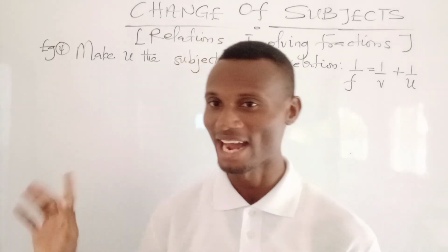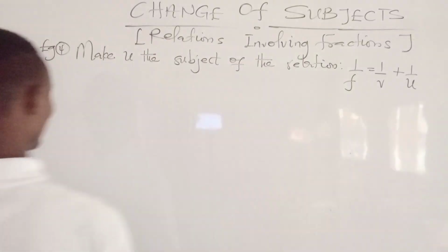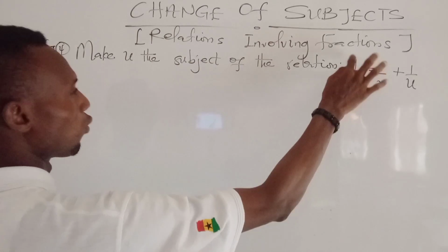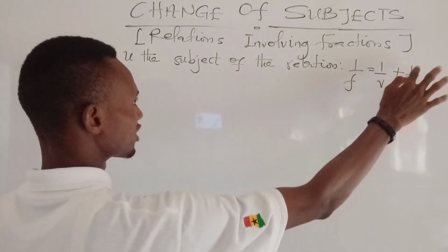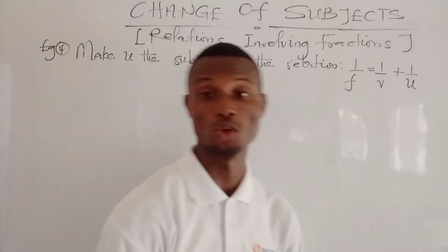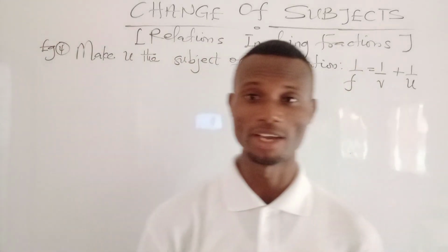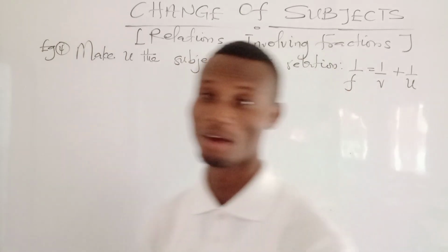Let's go ahead and handle example 4 that I have on the board. It says, make U the subject of the relation 1 over F equals 1 over V plus 1 over U. So we have to make U the subject of the given equation. Let's solve it together.